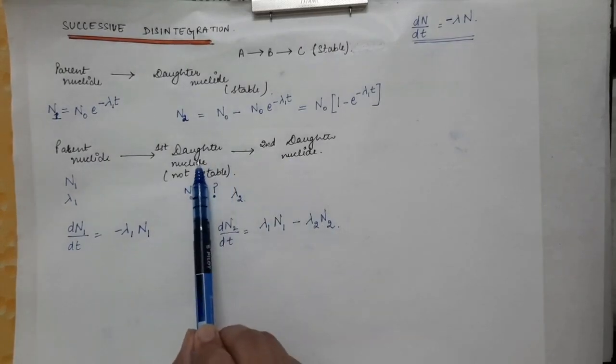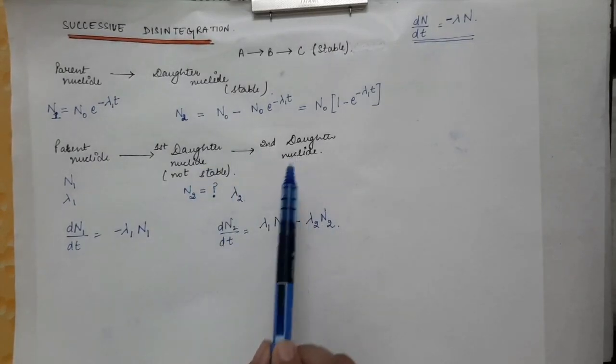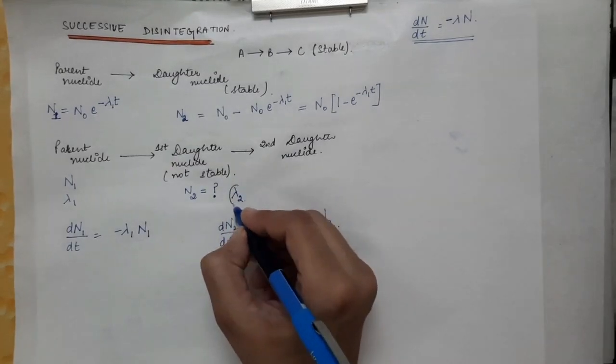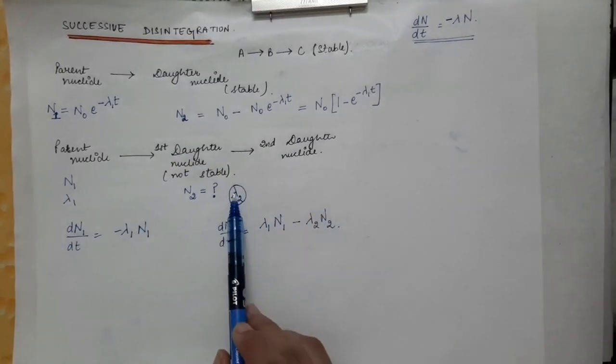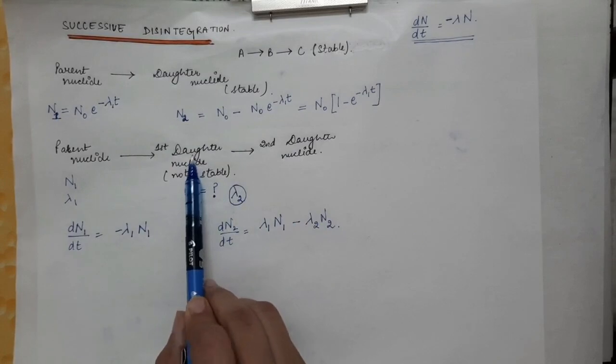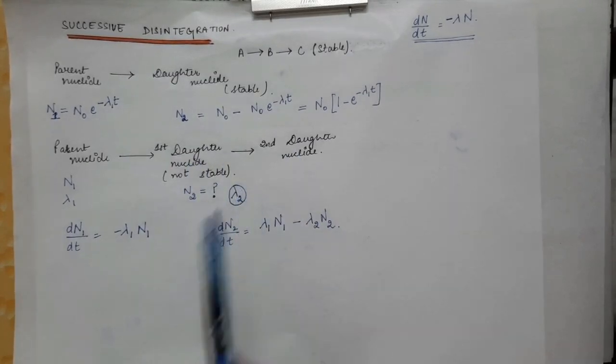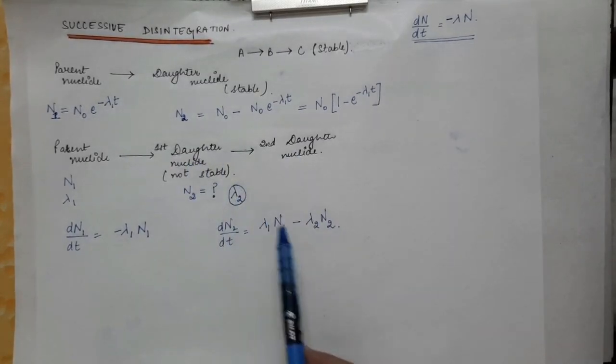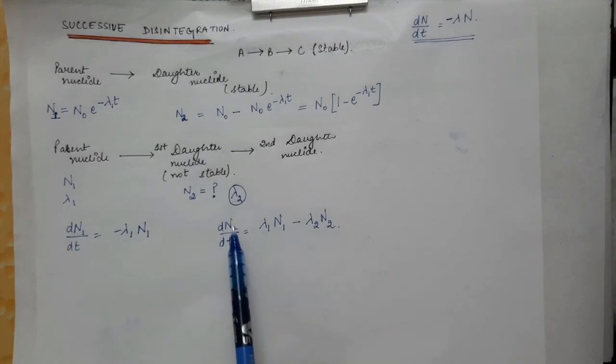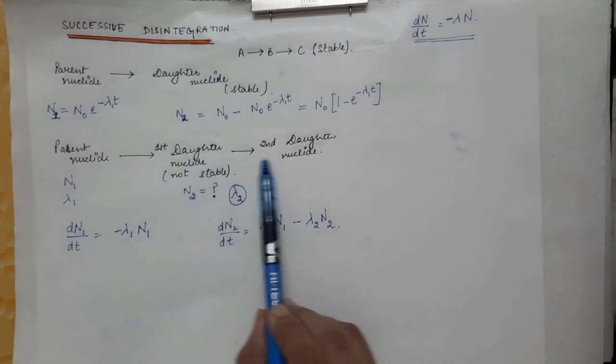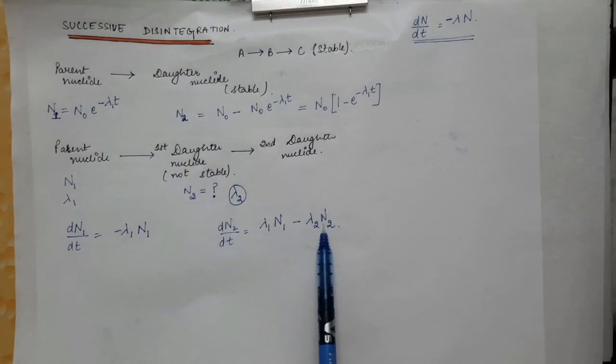Now this daughter nuclei decays to another daughter nuclei with the decay constant lambda 2. So lambda 2 is the decay constant of this daughter nuclei. It will decay according to this decay constant, and the rate at which the daughter nuclei decrease will be minus lambda 2 N2.